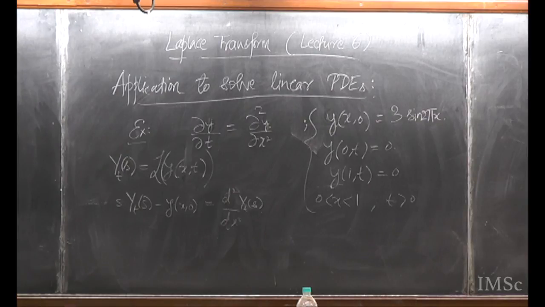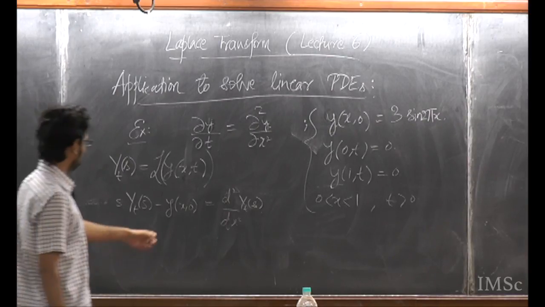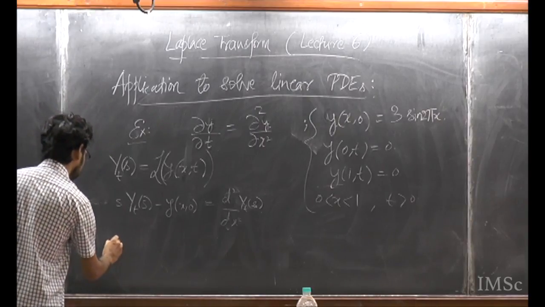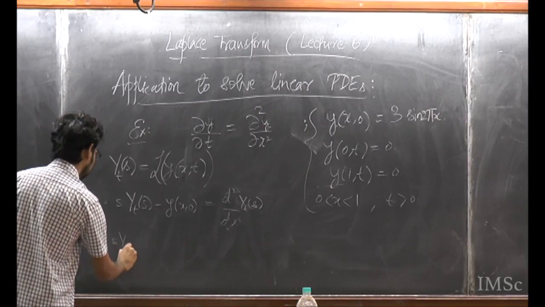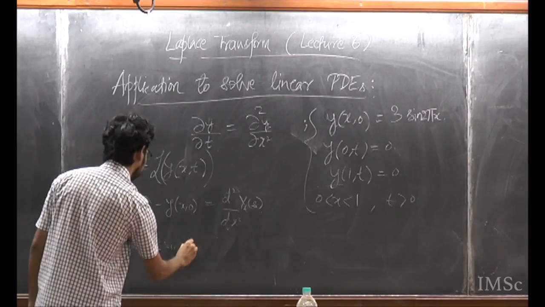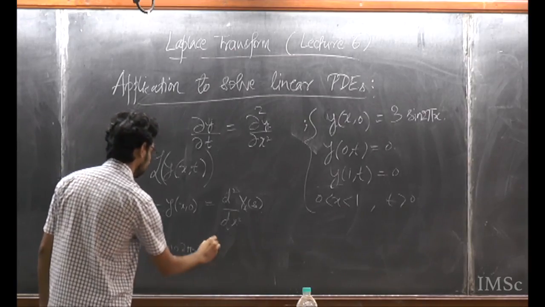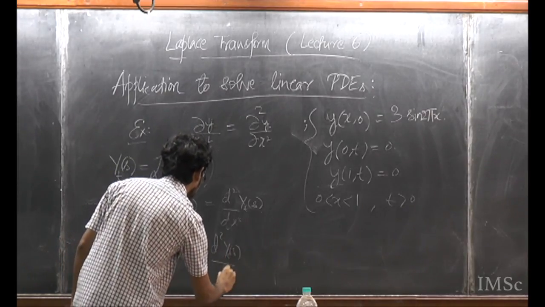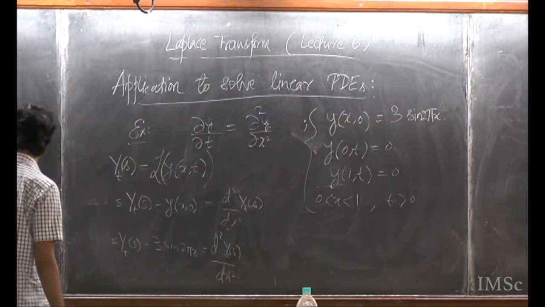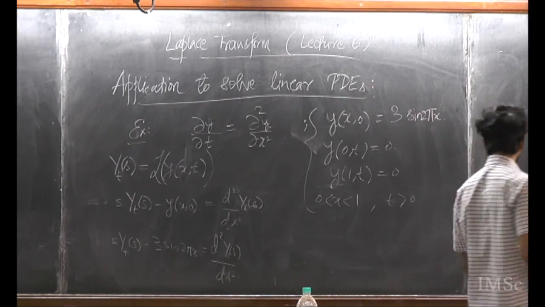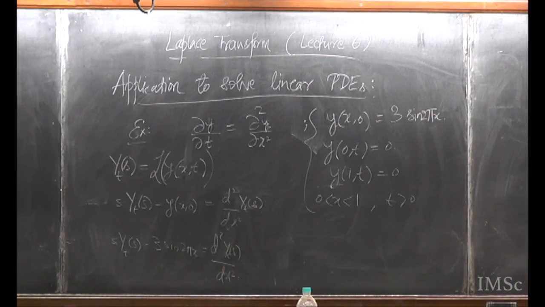Okay? Now we know what is y(x,0). It's given from the condition. So s Y(x,s) minus 3 sine 2 pi x is d2Y(x,s) over dx2. So we use the method of an integrating factor.